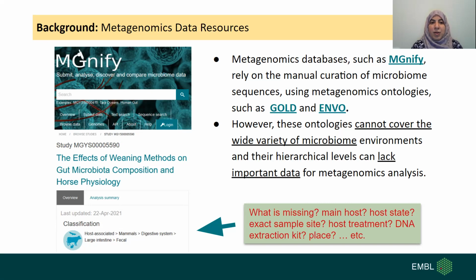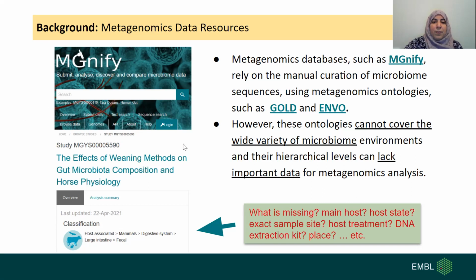And also there are no tags for the treatment that have been used, like for instance, the weaning methods. Also, there is no information about what PCR primer they have used, what DNA extraction kit they have used.